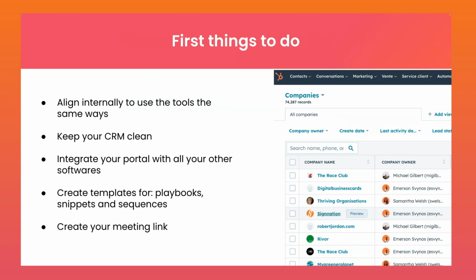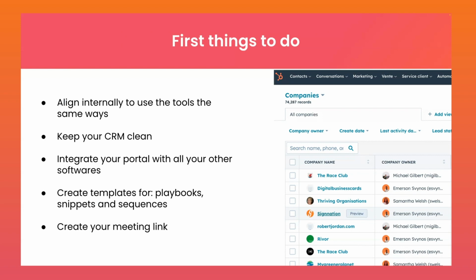First of all, I think it's really important to train the teams. If you're a team of 10 people or more, obviously you want people to use HubSpot and SalesHub the same way. You don't want people filling some notes differently than the others, because otherwise you're going to have frictions in your sales process, and this is not ideal.